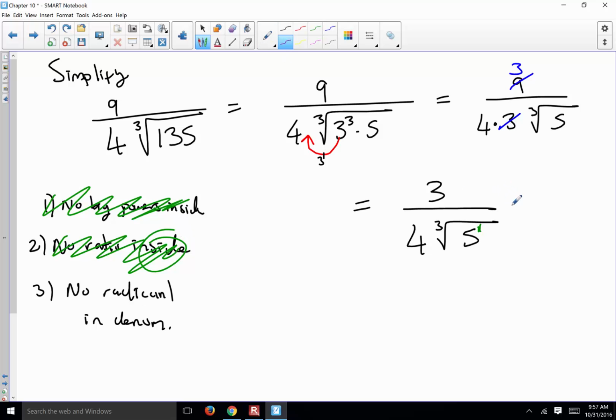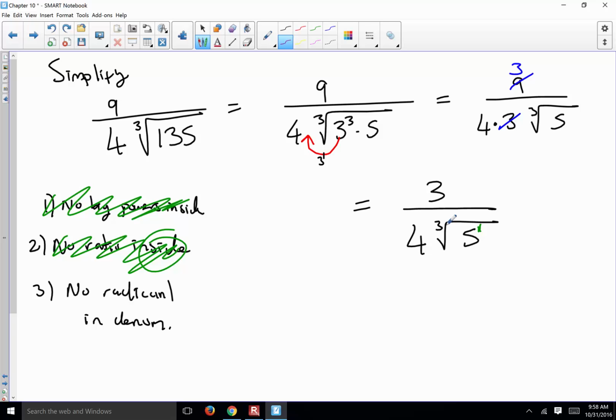So is this the final answer then? We never got to check this part in the previous, but no, this is a radical. Do we have a radical in the denominator? Yes, we do. Now, how do I fix it? How do I get rid of this radical from the denominator?